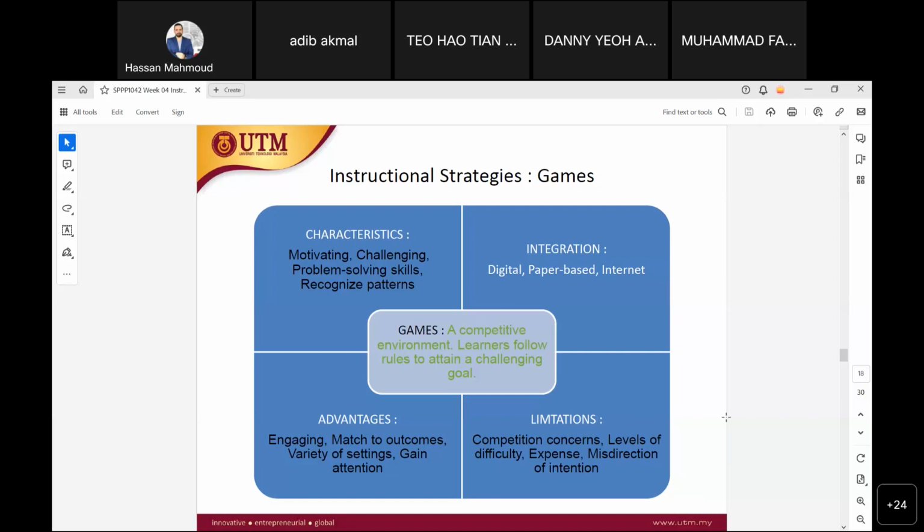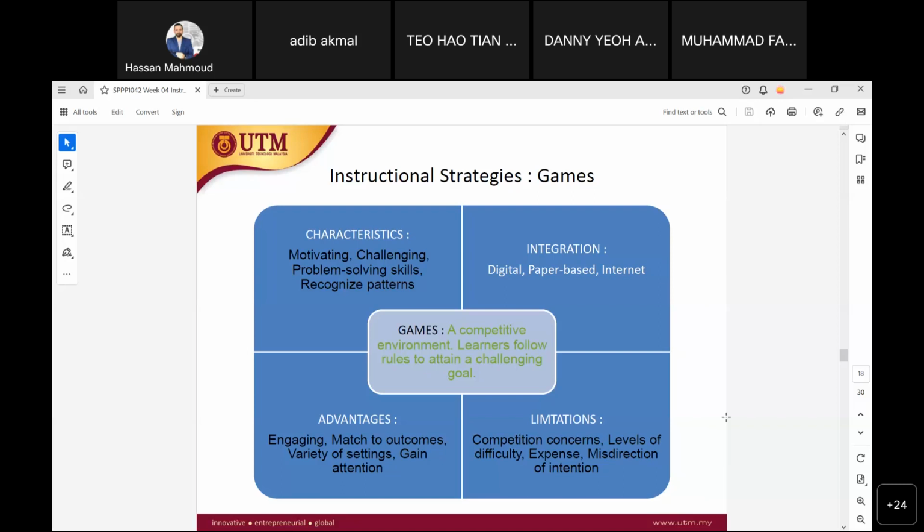When we talk about games, we are talking about something that could motivate our students the whole time of the class. And games is not only for digital games or computers. We could come out with very simple ideas inside the classroom and make it look like a game, okay? This is the beautiful thing about this strategy.